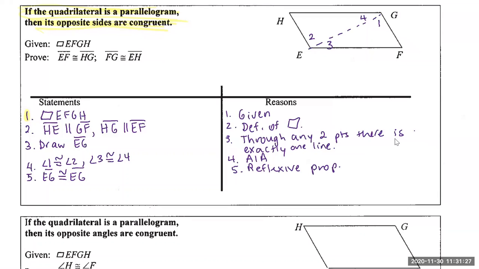Okay, take a look at what you have now. You have EG is congruent to itself. You have 2 is congruent to 1, 3 is congruent to 4. Why are those two triangles congruent to each other? Why is triangle GHE congruent to triangle EFG?